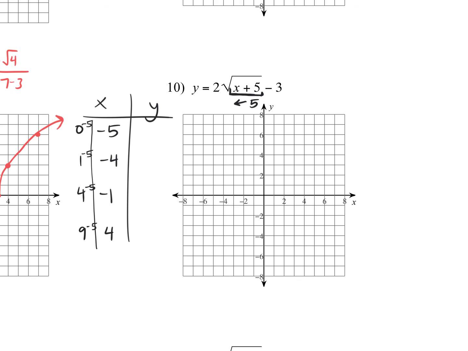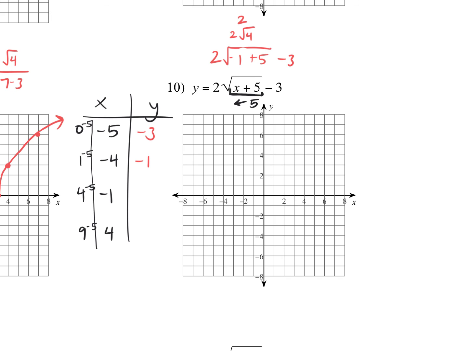Now to find my y values, I'm just going to plug in that new x value. So negative 5 plus 5 minus 3. Well, this part underneath the square root is going to end up giving me 0. So I've got 0 minus 3, so that's negative 3. If I change this to a negative 4, that would be the square root of 1. So this would be 2 minus 3, and 2 minus 3 is negative 1. If I plug in a negative 1, this would give me 2 times the square root of 4. So this part would actually give me 2, and 2 minus 3.